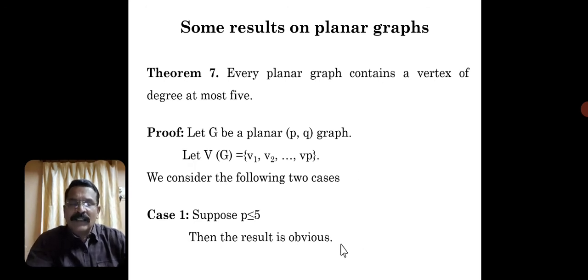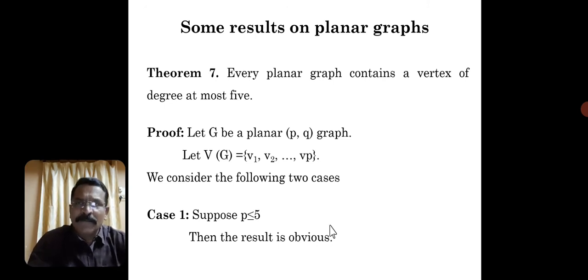So if I consider one example, you will come to know. It's better to consider K6, but K6 is a non-planar graph. But what I am suggesting is that in K6 the degree of every vertex is 5. So like that there is at least one vertex of degree at most 5.